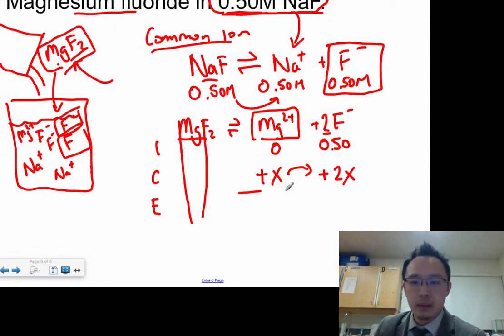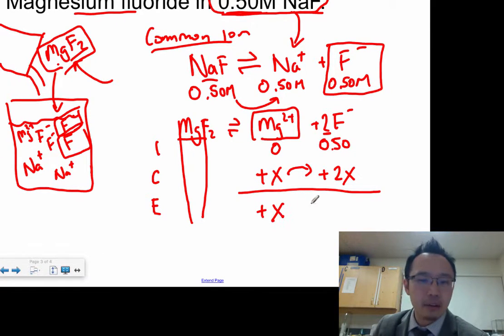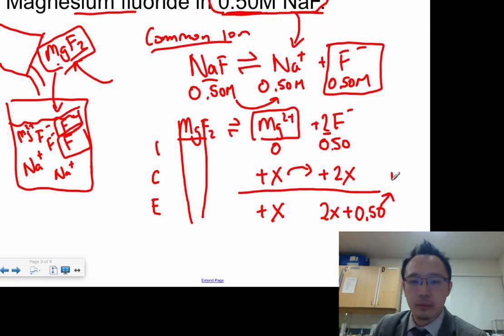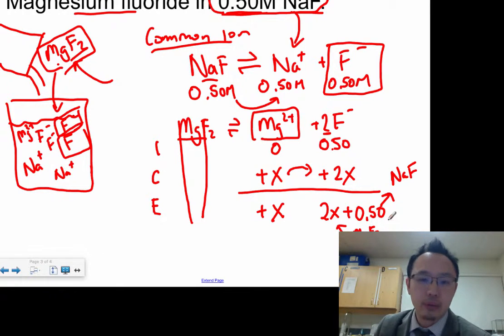So once we put this into equilibrium, magnesium is just going to gain an X amount of concentration, whereas your fluoride is going to gain 2X, but it also has whatever is already existing in the solution, which is your 0.5. This is from your sodium fluoride, and this is from the magnesium fluoride, which we have to calculate.